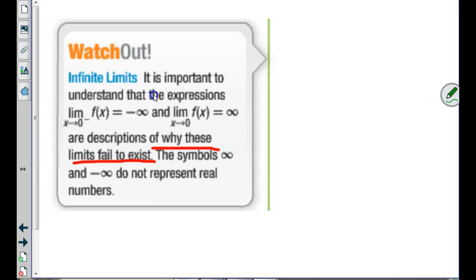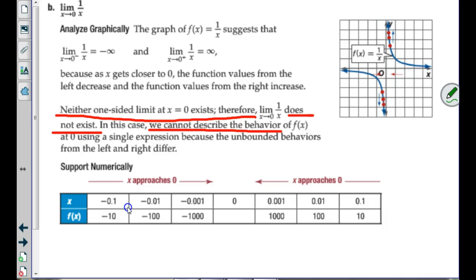It is important to understand that the expressions the limit approaches negative infinity or infinity are descriptions of why the limit fails to exist. The symbols infinity and negative infinity do not represent real numbers, so they are not actual limits. That's why I'm going to have you write does not exist and infinity. Okay?